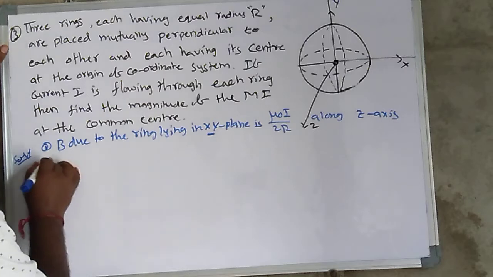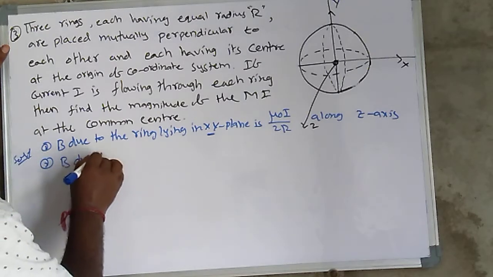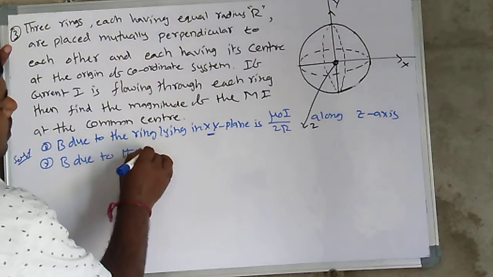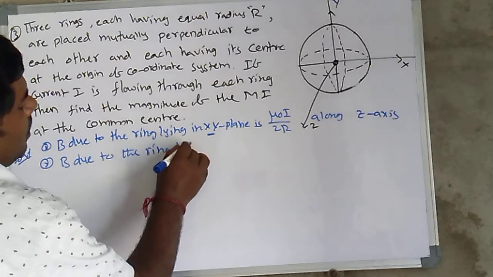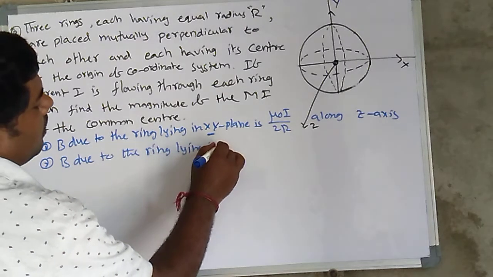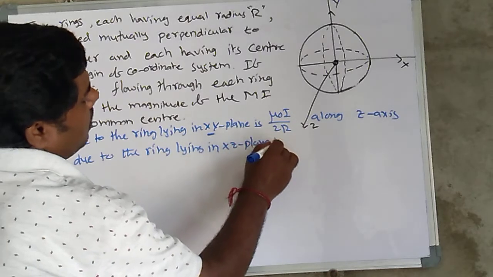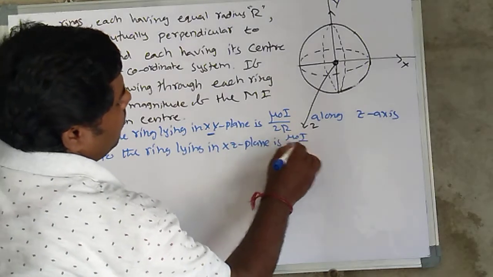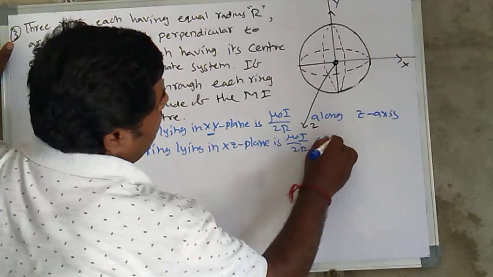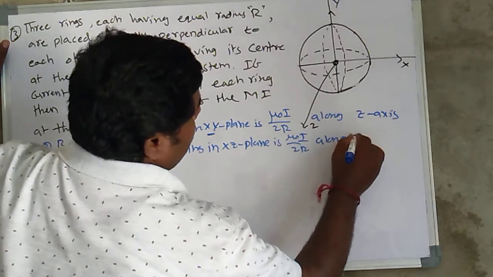Now the second point: B due to the ring lying in the xz plane is mu naught I by 2r along the y-axis.